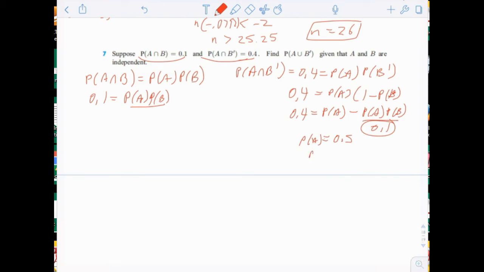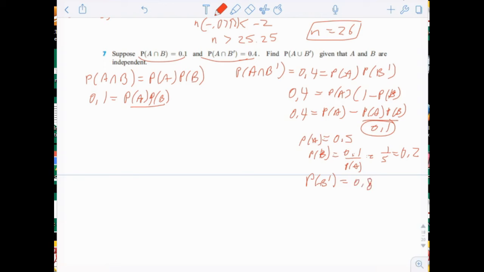So the probability of B is equal to 0.1 divided by the probability of A, which is 0.1 divided by 0.5, which is 1/5, which is 0.2. So now we have expressions for P(A) and P(B). We can also figure out P(B prime). It's going to be 0.8, right? It's the complement of 0.2.